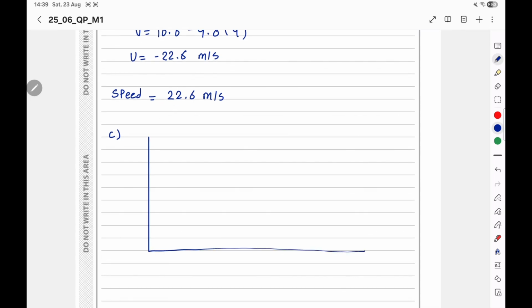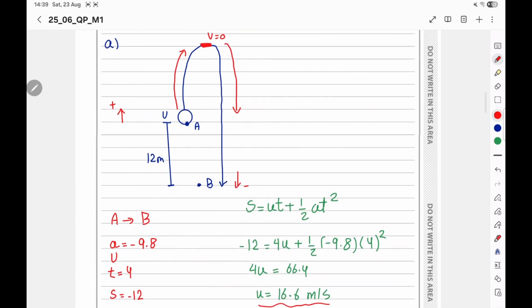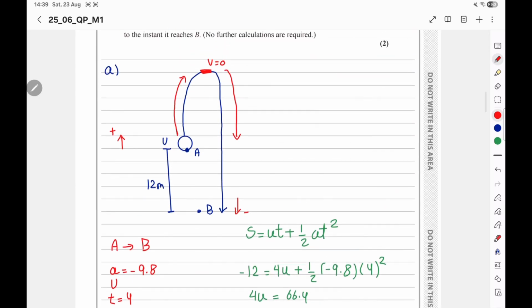Speed axis, time axis. The particle starts with u equal to 16.6 and decelerates. While the particle is rising, it keeps decelerating, reaching a maximum height with a final velocity of 0, then accelerates in the negative direction.